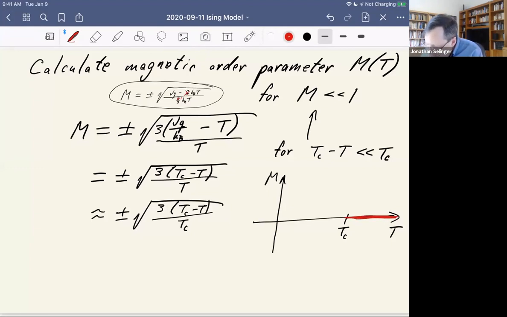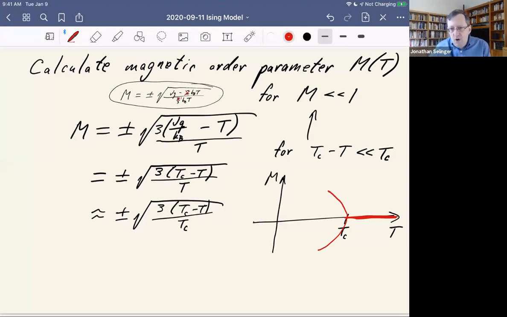That is the minimum value of the free energy. But when T is less than Tc, then M follows this square root law. So the plot of the square root looks like this. It's like a parabola on its side.